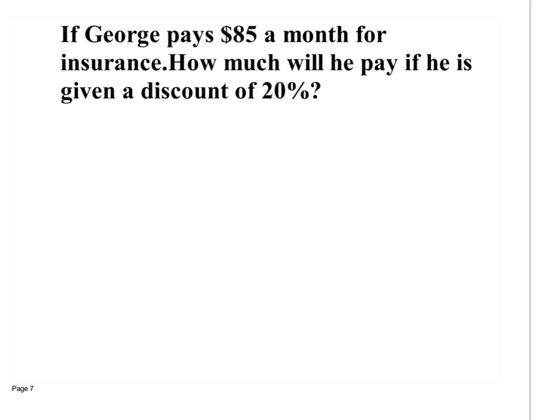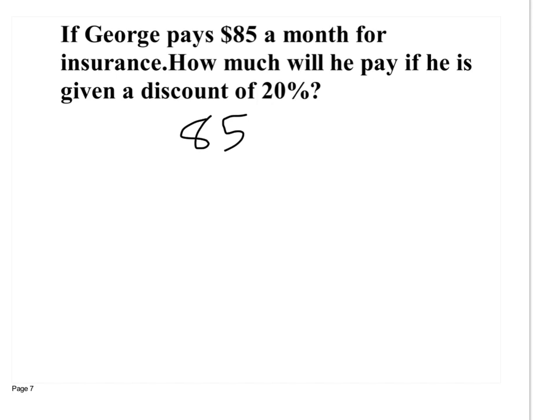If George pays $85 a month for insurance, how much will he pay if he is given a 20% discount? A discount is a percentage amount off of the amount. Taxes we add, discounts we take off. So we have to find out what 20% of $85 is.